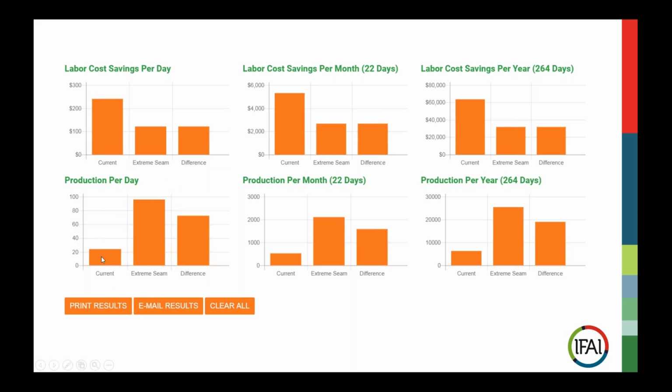So if you notice that per day you were making, in an 8-hour shift, roughly 25 pieces a day. With whatever piece of equipment you get, with a welding system that you get, you are going from, the difference of 25 to 95 pieces a day, and then per month, per year. As you can see, that's a major difference with the type of technology. And again, no more consumables.